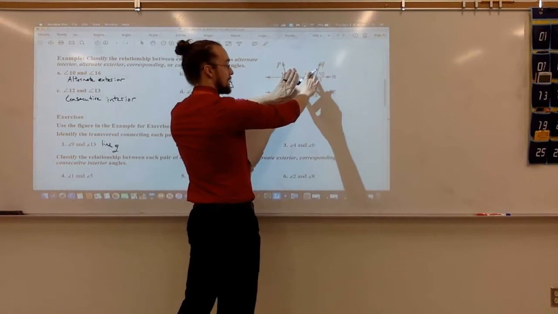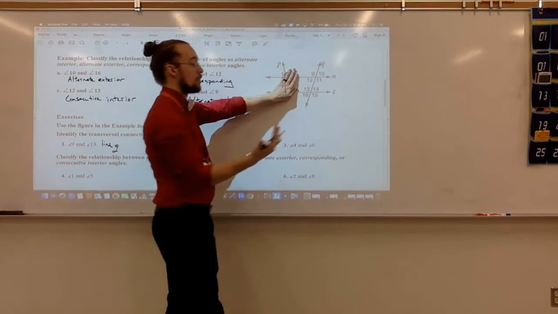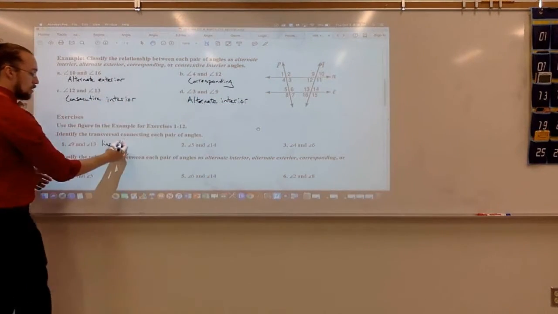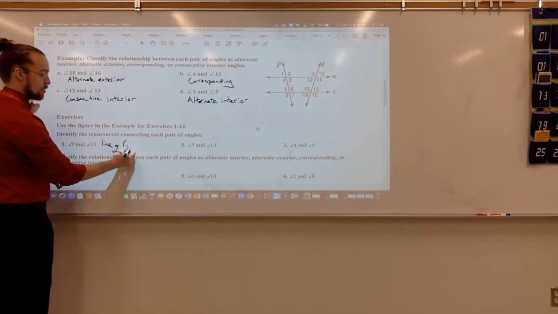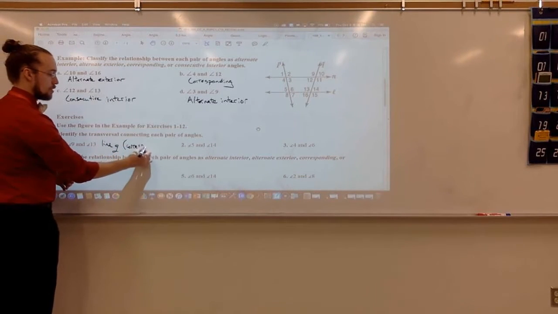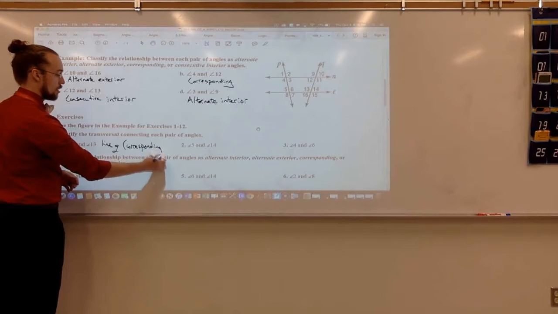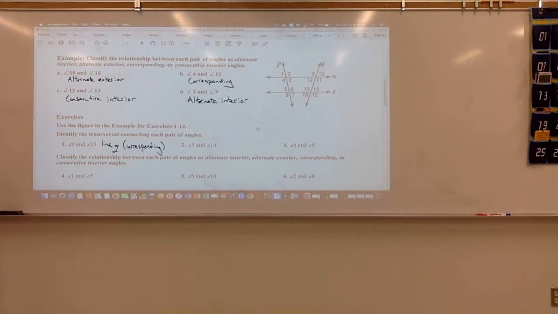Corresponding, right? They're in the exact same position, just on the other line. So even though the question doesn't ask us to do this, we can still say these are corresponding.